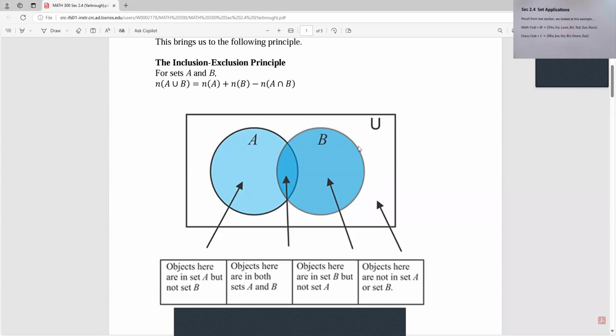But you need to understand when you do that, we just counted these people in the middle twice. And so now we have to fix that double counting by subtracting that once. We're subtracting the number of elements in the intersection, which is that middle part. So I hope that's a good visual for the formula we have for today, the inclusion-exclusion principle.